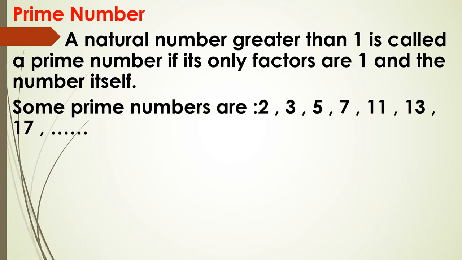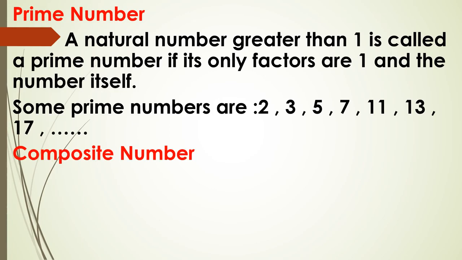Examples of prime numbers are 2, 3, 5, 7, 11, 13, 17 and many more. So how can you check? By finding the factors of that number. If the factors are 1 and the number itself, then that number is a prime number, otherwise not.